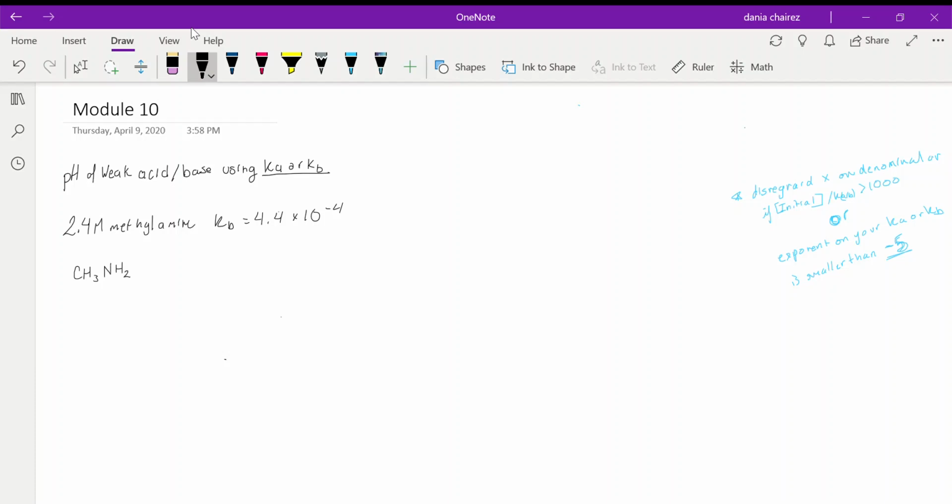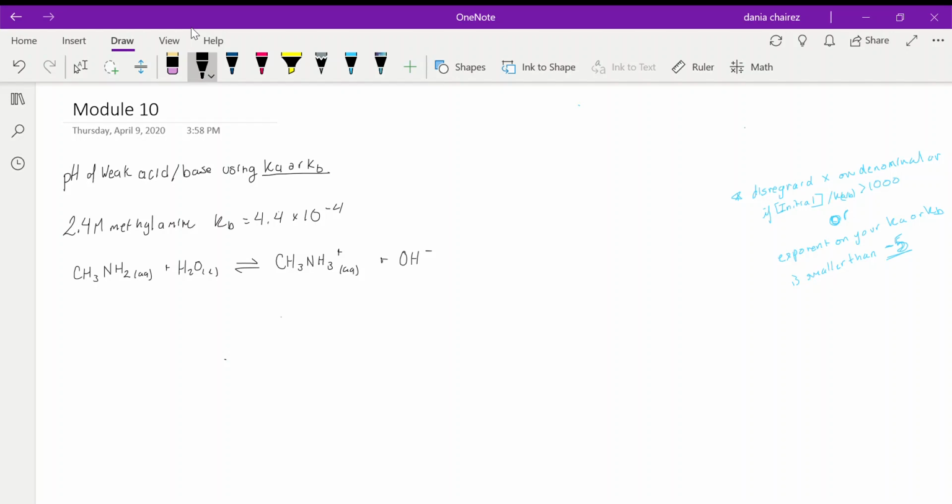It's bringing back OChem for you, in case you don't remember. Then plus our water yields CH3NH3 plus aqueous, and an OH minus.